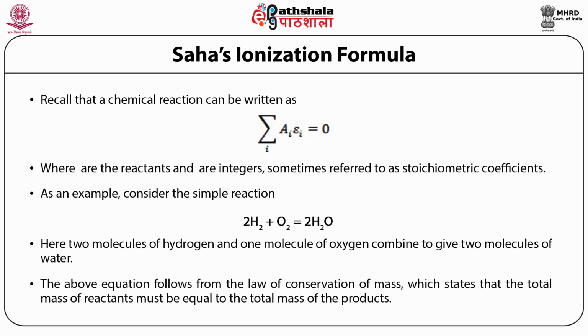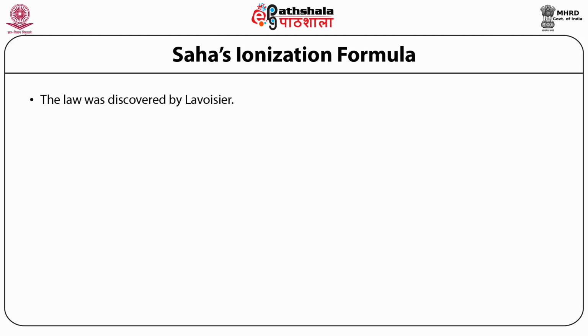The above equation follows from the law of conservation of mass, which states that the total mass of reactants must be equal to the total mass of the products. The law was discovered by Lavoisier.